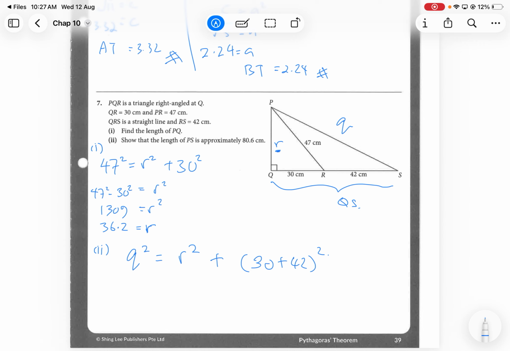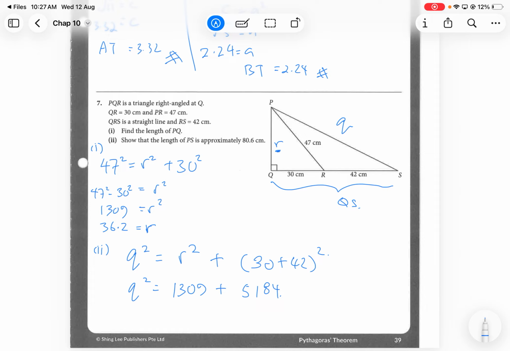I need to know 41, I need to know BD, then I can use these two to find my AD. So actually they want you to go back one step. Know that you need to find BD. Then how do I find BD? I use the bottom right angle triangle first. Then I can find BD first.